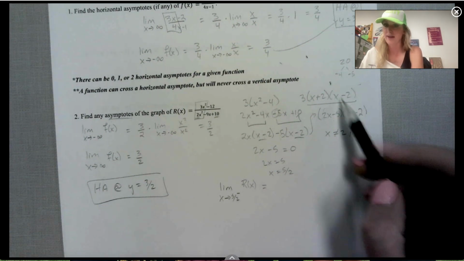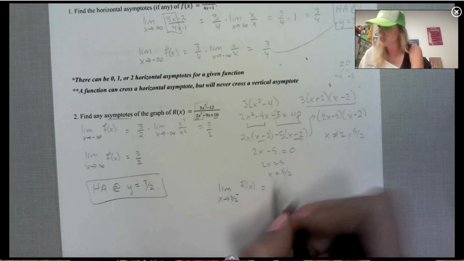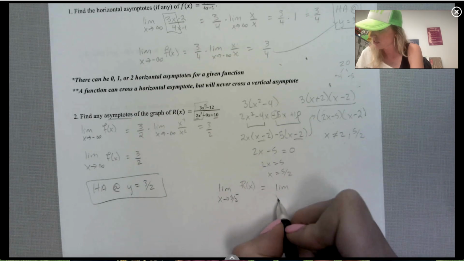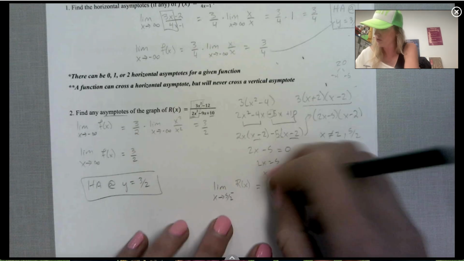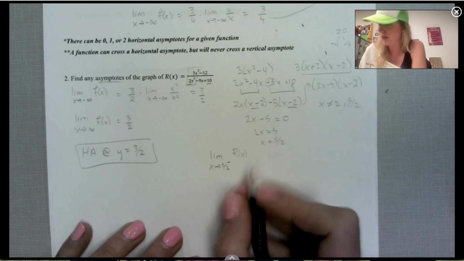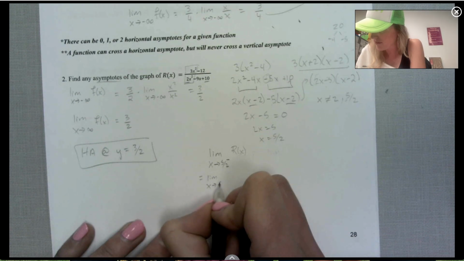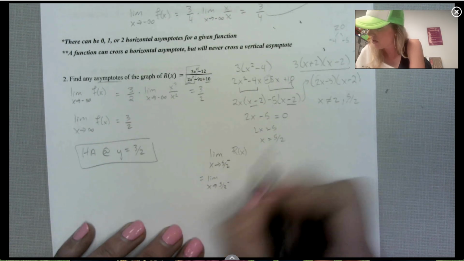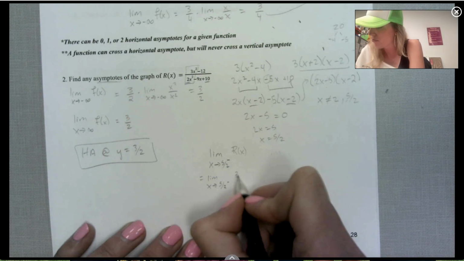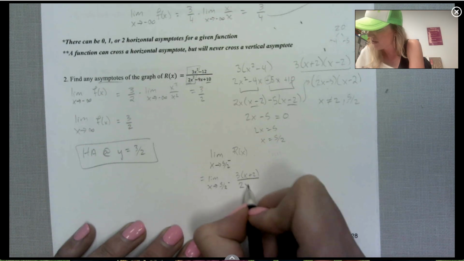What do we got here? Well, I could have simplified this by dividing out those x minus 2's, so I'm going to do that. I'm going to do this down below so I get a little room left over here. So equals the limit as x approaches 5/2 from the left of, if I had canceled those x minus 2's, 3x plus 2 over 2x minus 5.